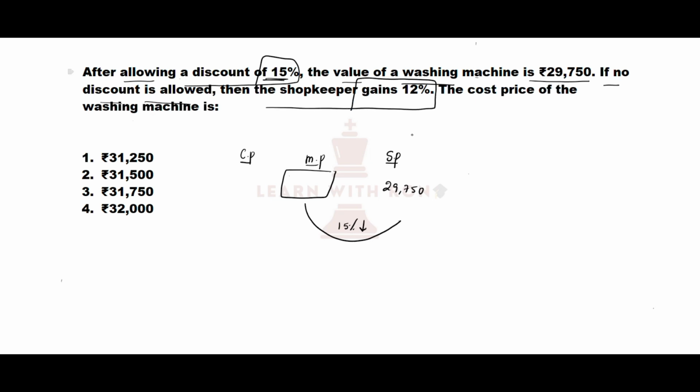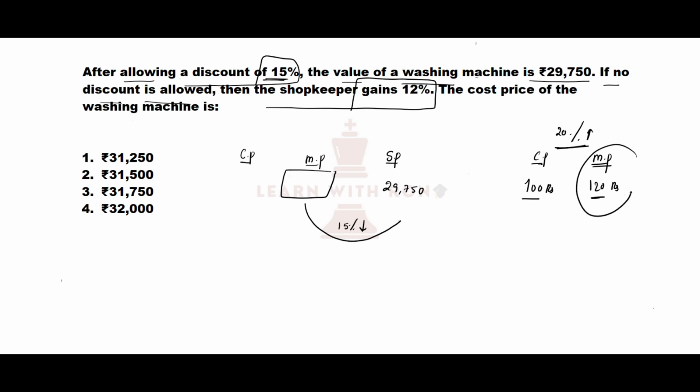See, I'll explain this sentence with an example. Let's suppose this is the cost price and this is the mark price. Suppose the cost price of an article is 100 rupees, and I marked it up as 120 rupees, which means I increased the cost price by 20%.